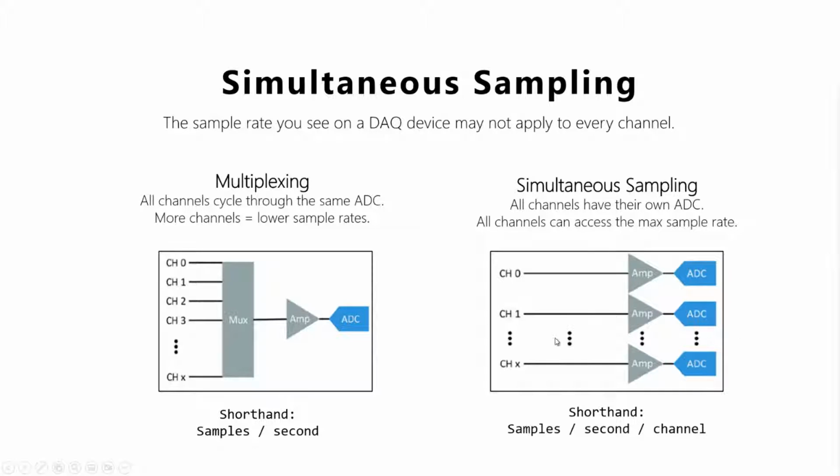But let's say I have 10 channels that are 1000 hertz and my ADC is only 10,000 hertz, I will not be able to replicate my signal properly. Of course, simultaneous sampling is the best, but it's also more expensive. So consider this when you're creating your own system.